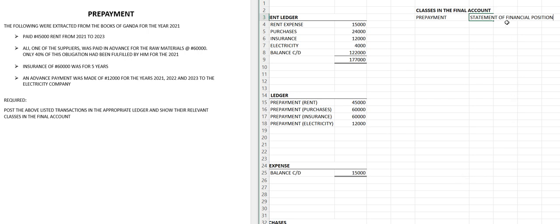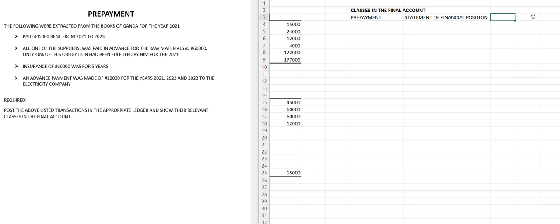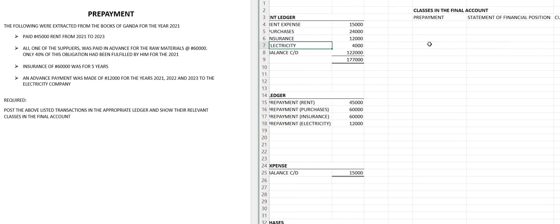And what item is it under? It's under current asset. I hope you're following. So with this, you will know how and where to put them. That's prepayment.